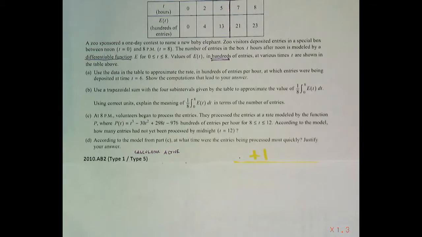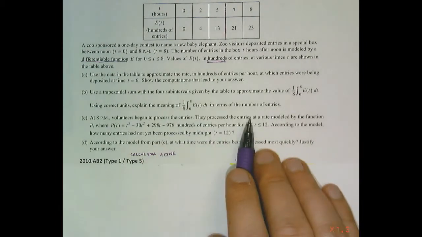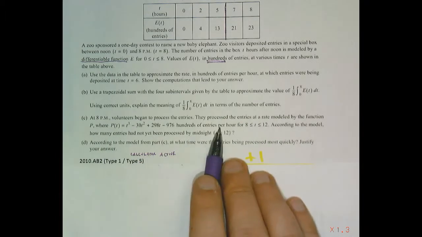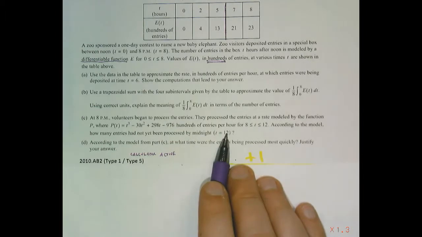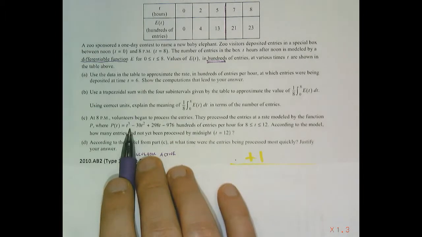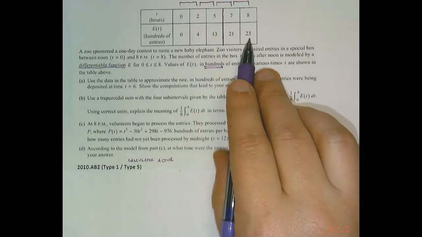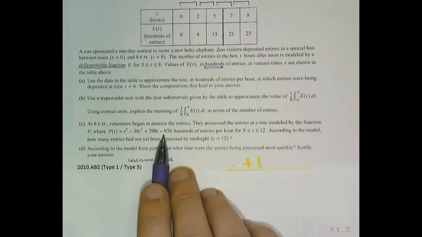At 8 p.m., volunteers begin to process the entries. They process the entries at a rate, P of t, hundreds of entries from 8 to midnight. According to the model, how many entries have not been processed by midnight? So at 8 p.m., we have 2,300 entries, and then we are going to start processing them at this rate.